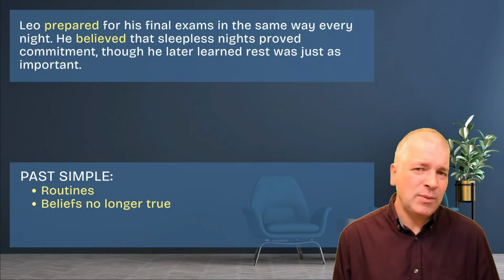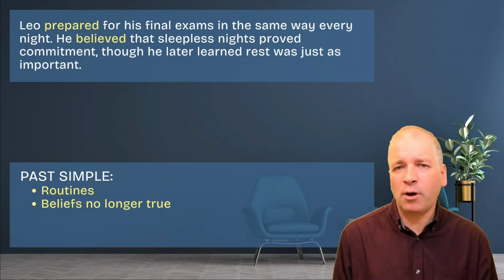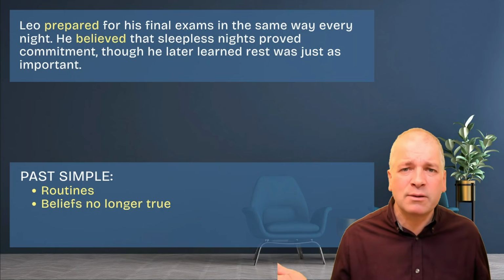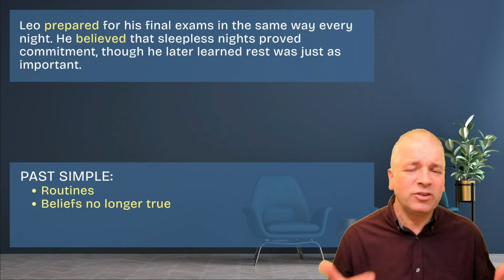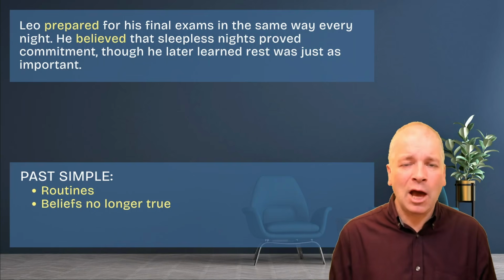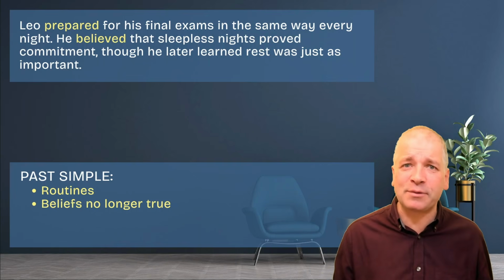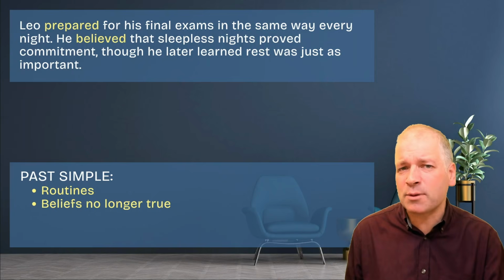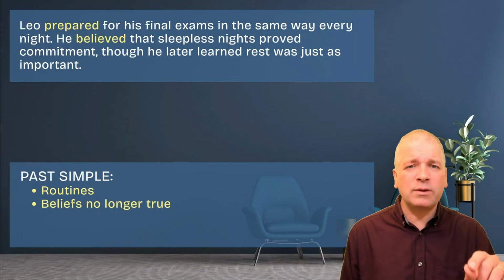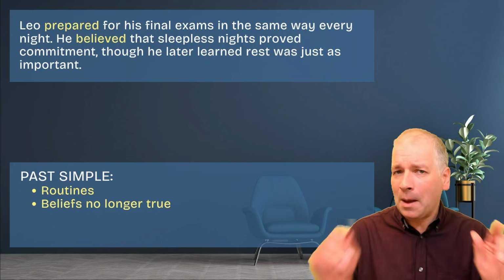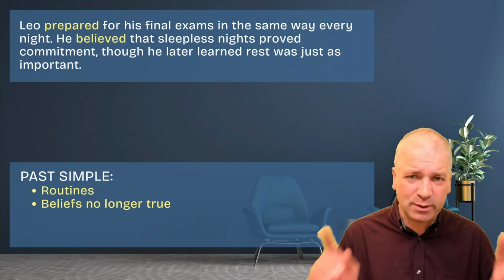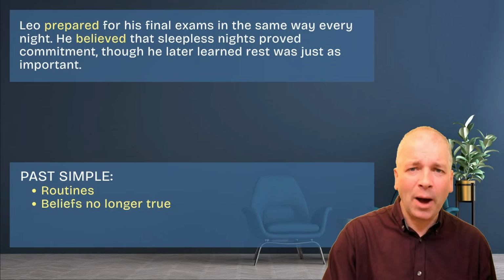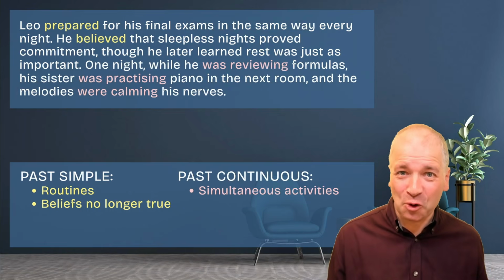Because when we describe people's beliefs in the past, often beliefs don't change. They always stay the same. So we would be commenting on how Leo is all the time. Leo believes that sleepless nights prove commitment. We could have added that in, even though it was a past simple story, to show this is something true of Leo all the time. But because it's a belief that's no longer true, we use the past simple. Let's move on with the story.